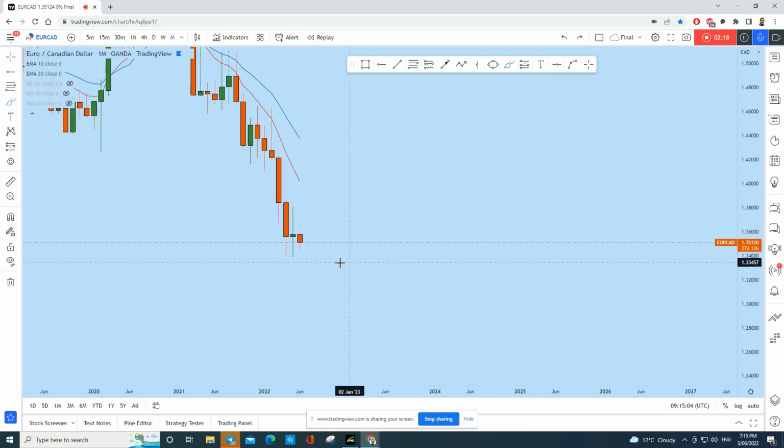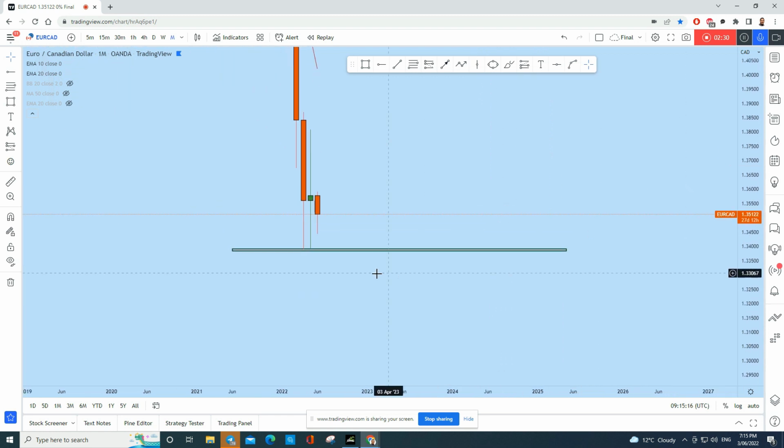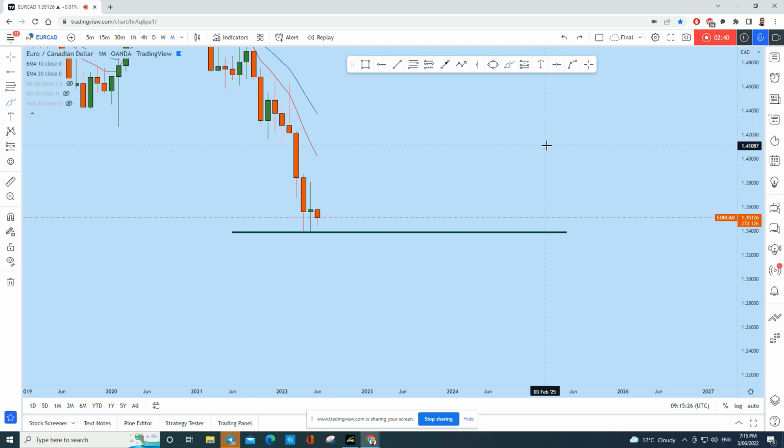In this doji, EURCAD just bounced from this monthly level of support. So what we can expect after this kind of doji in this downtrending market is that EURCAD comes back to at least this monthly level of support, or even breaks down and creates a new lower low. So all that being said, EURCAD's bigger picture is bearish.